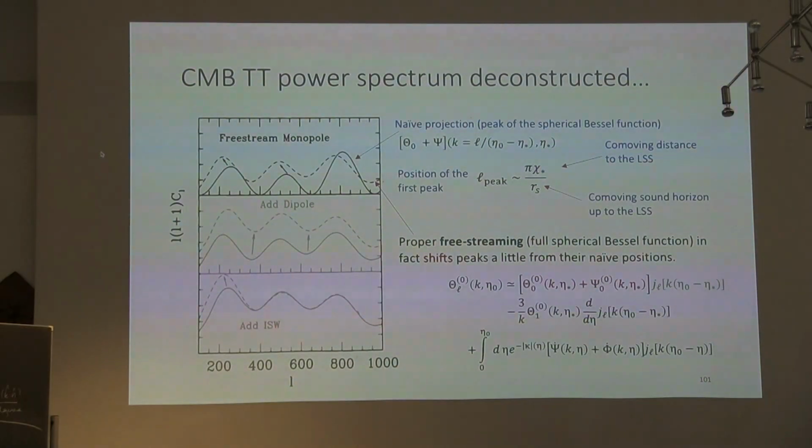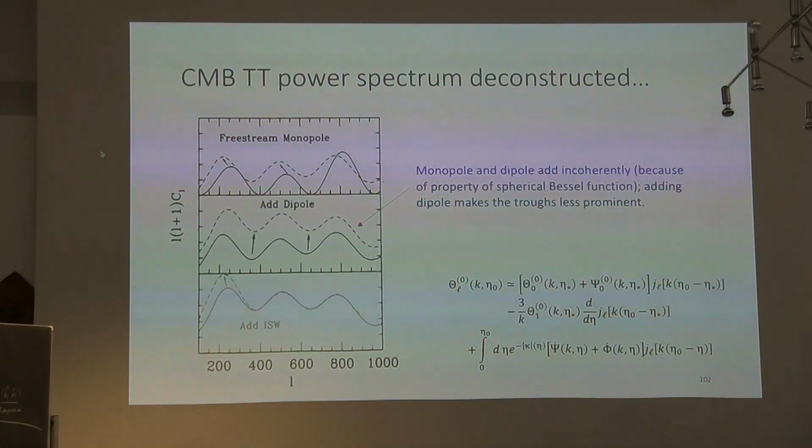And if I had properly done the free streaming by multiplying with the, what do you call those things, spherical Bessel functions, then the actual signature is a little bit shifted. Okay, so you free stream them properly, you get the dashed line. Now, the next thing we can do is to add the dipole. The dipole adds in this way.